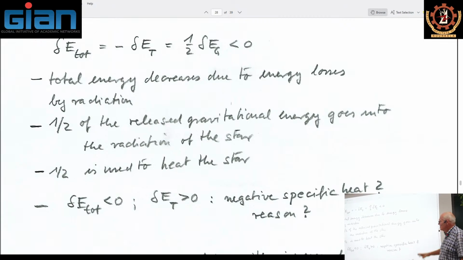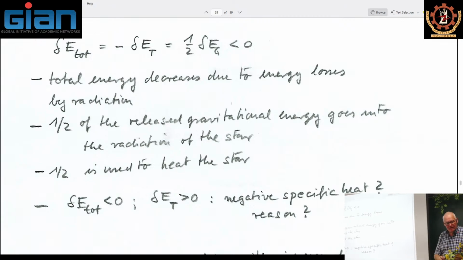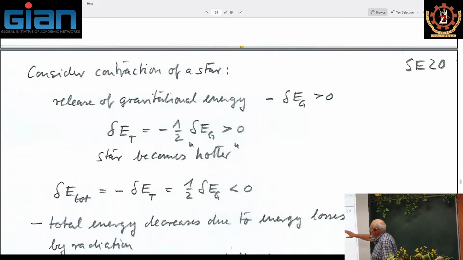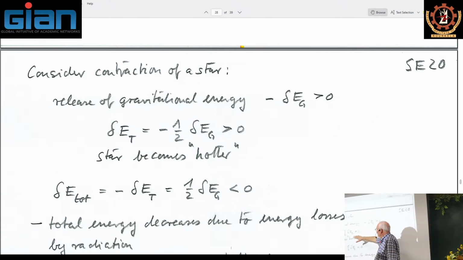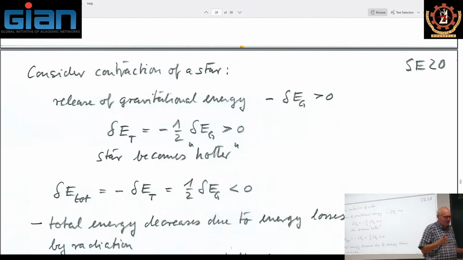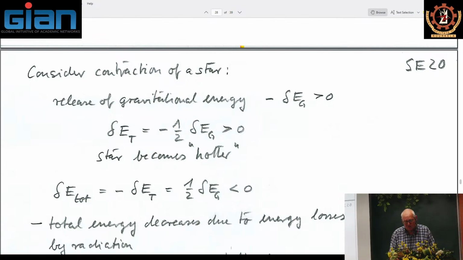This is the result of the consideration we had just before. So half of the released gravitational energy goes into thermal energy, and half goes into the radiation from the star.